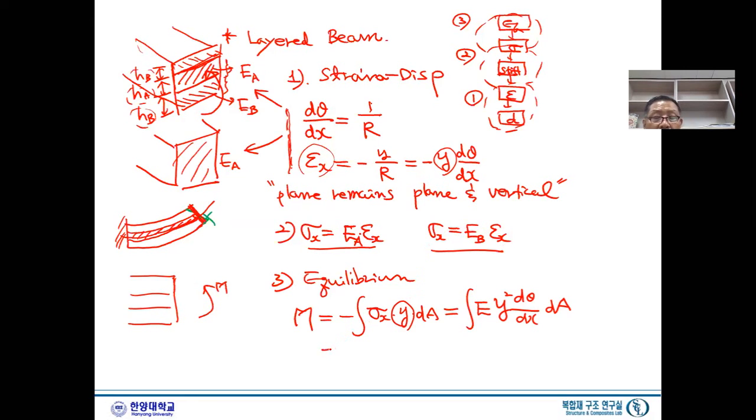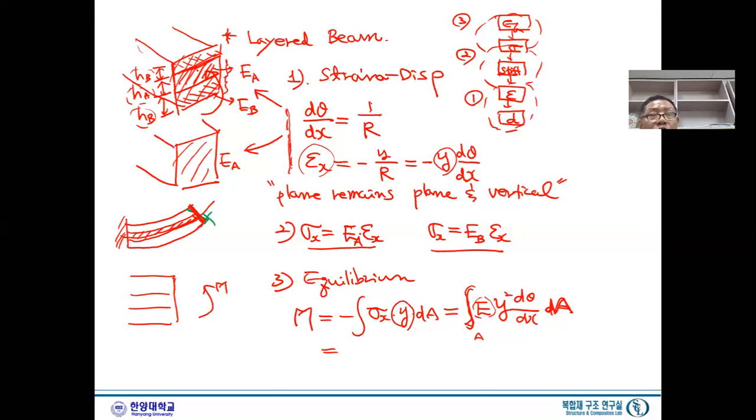Now, here, what does dA mean? It is an integration over the whole cross-section, right? Whole cross-section here, whole cross-section. So when we integrate, we cannot integrate easily just because this E is no longer constant, right?